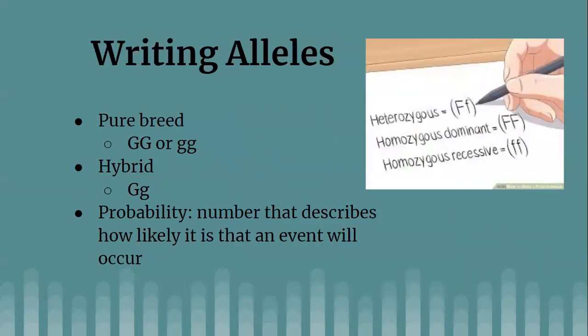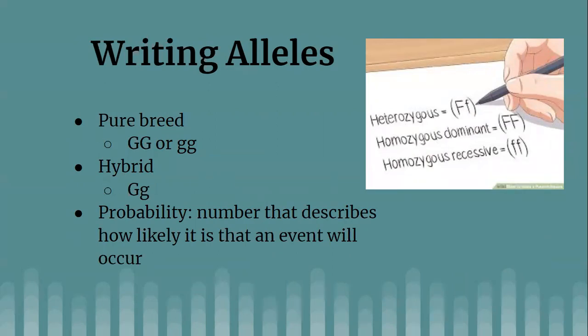So the traits that we see are present because of the combination of alleles. For example, peas show two different colors. Pea color is a gene, where the combination of alleles determines how the gene will be expressed. To represent this, scientists who study patterns of inheritance, called genetics, use letters to represent the alleles. A dominant allele is represented with a capital letter and a recessive allele with a lowercase letter.